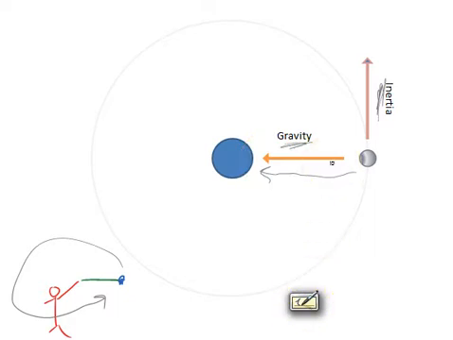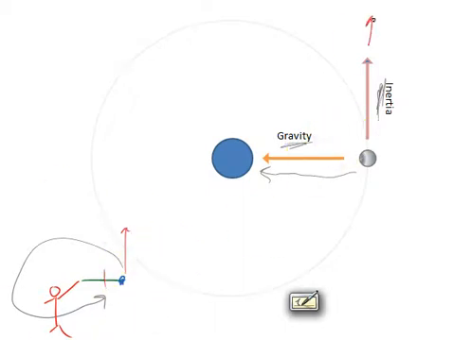If you take the gravity away, think about swinging this around your head and then you cut the string. That's going to send the weight flying off in whatever direction it happens to be heading at the time.